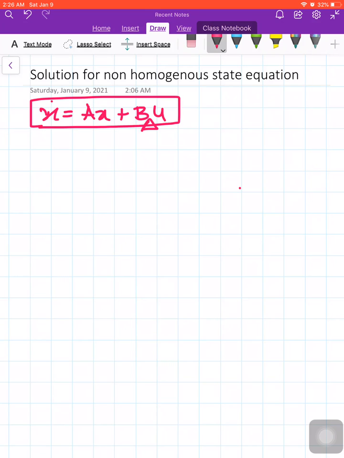This can be solved in two ways. One is a completely mathematical approach, and the other is through an intuitive, physical significance based approach using the properties of LTI systems, linear time invariant systems. So first one is mathematical, second one is using the properties of LTI systems.